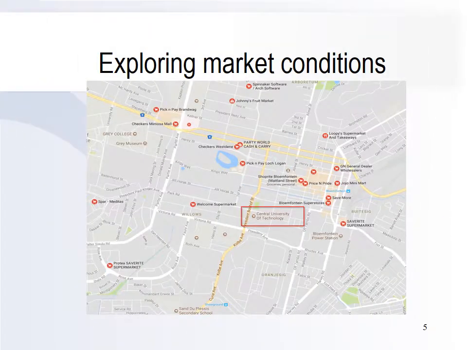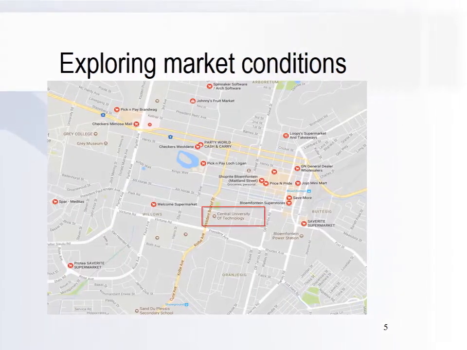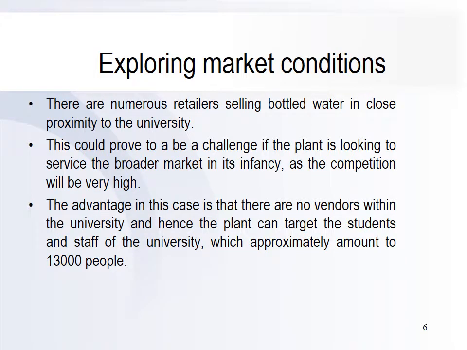As seen in Figure 1, the university is surrounded by small-scale retailers who sell a variety of products similar to the one that the university intends to manufacture. This could prove to be a challenge if the plant is looking to service a broader market in its infancy, as the competition will be very high.